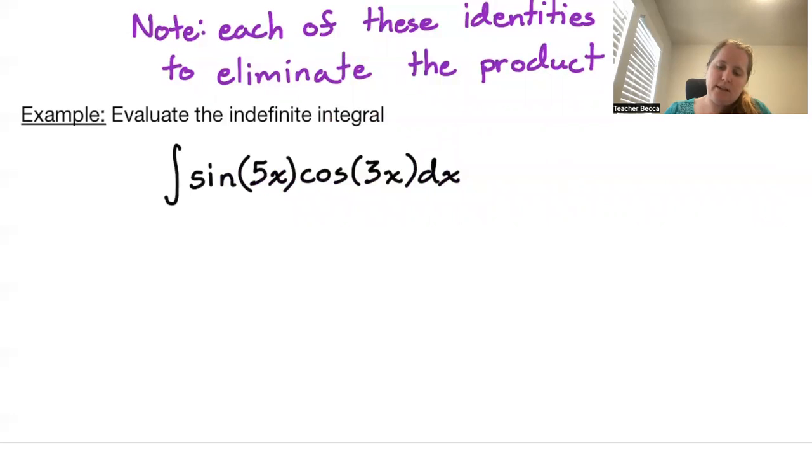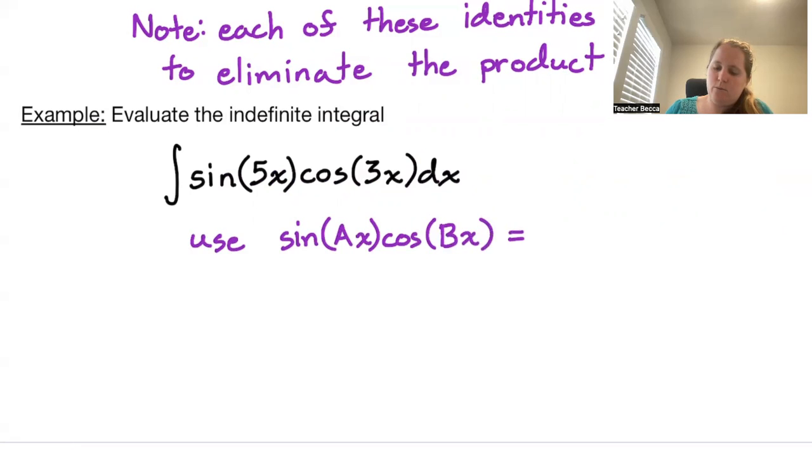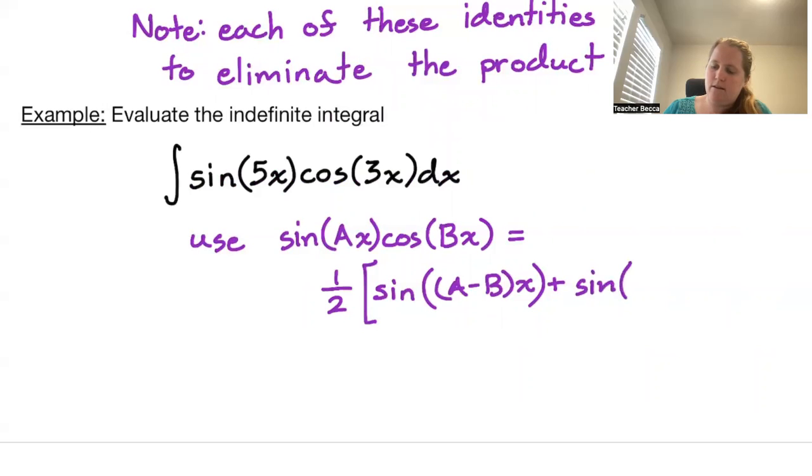So this is our mixed case. We will use the fact that sine of ax times cosine of bx is equal to 1/2 times, in brackets, sine of (a minus b)x plus sine of (a plus b)x.